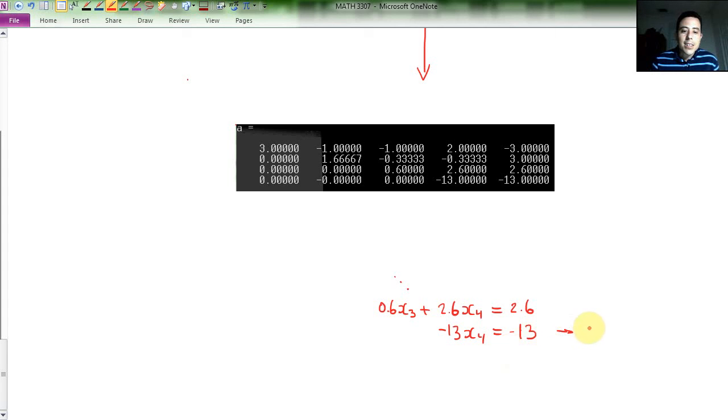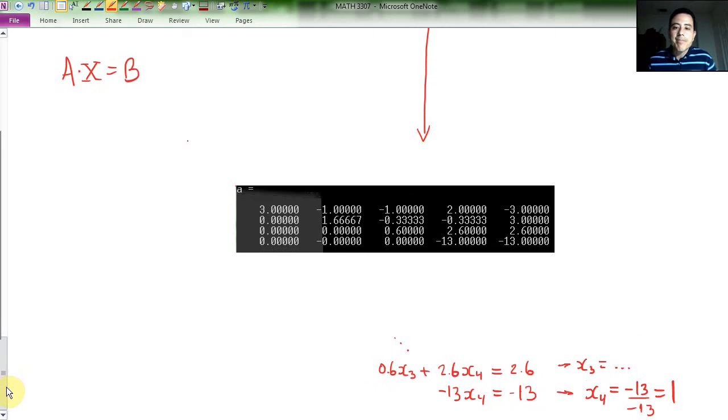Right, you can tell that x4 is -13 over -13, which is 1. Then you can get x3 here. I won't do that, but it's just to show you that it can easily be done. So that's the idea. Next time we're going to implement that in a program.